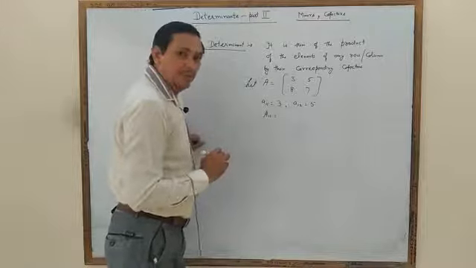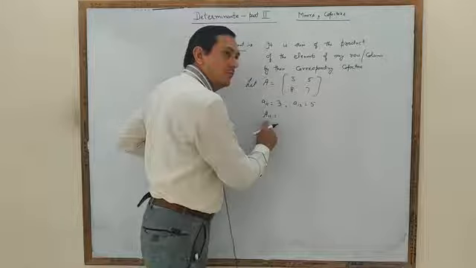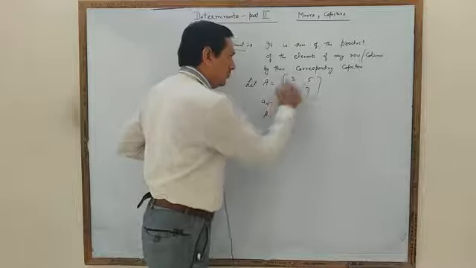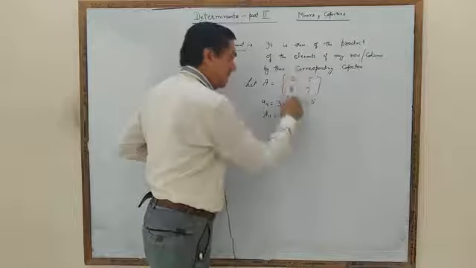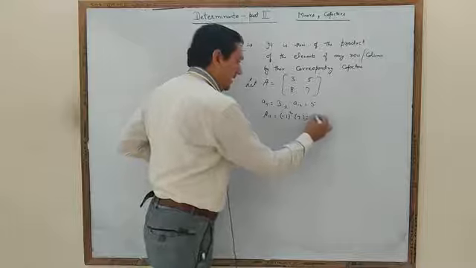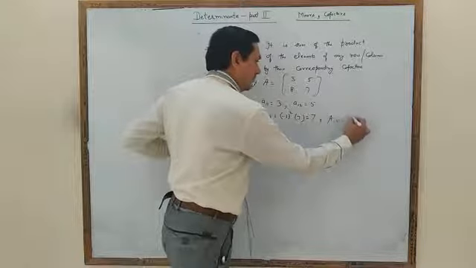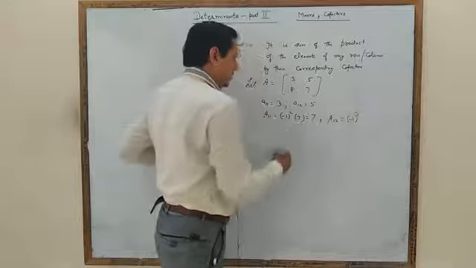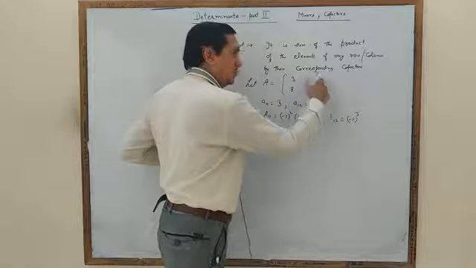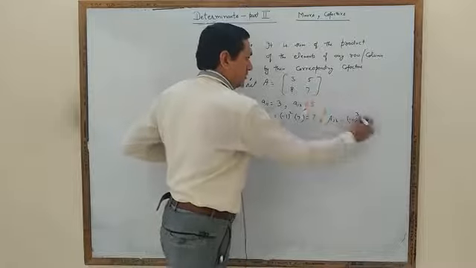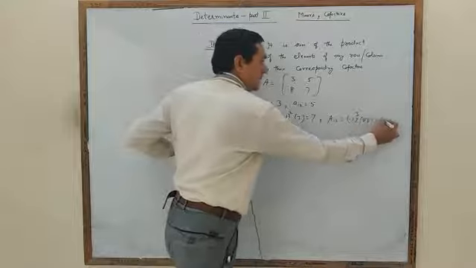Capital A11 means the cofactor of a11, -1 raised to the power 2. First row, first column deleted, and we have 7. A12: -1 raised to the power 3. First row, second column deleted, we have 8. It is -8.